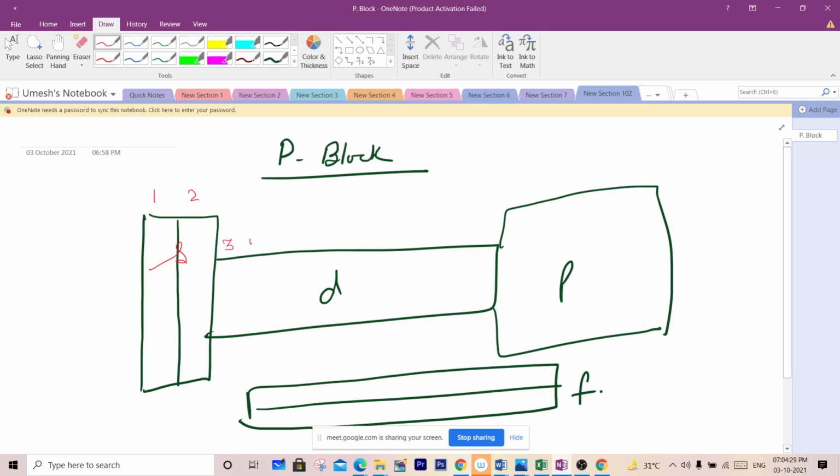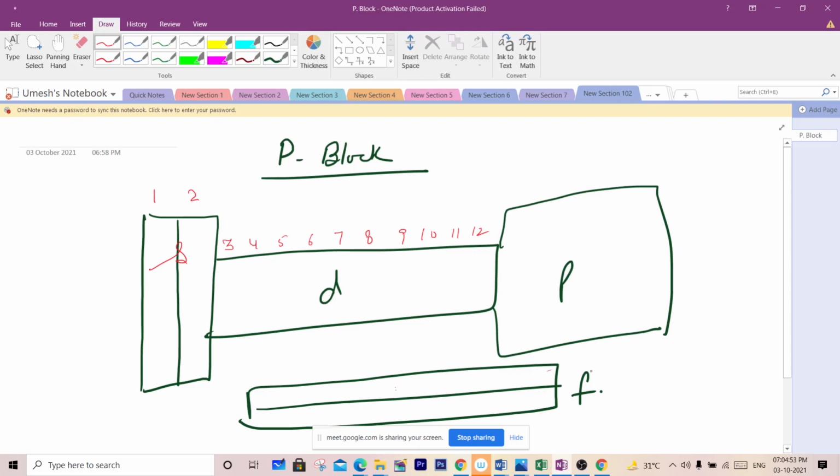Group number 3, 4, 5, 6, 7, 8, 9, 10, 11, and 12 is called the D block. We will do this chapter of the D block in grade 12 next year. Currently, we don't have this in our syllabus.